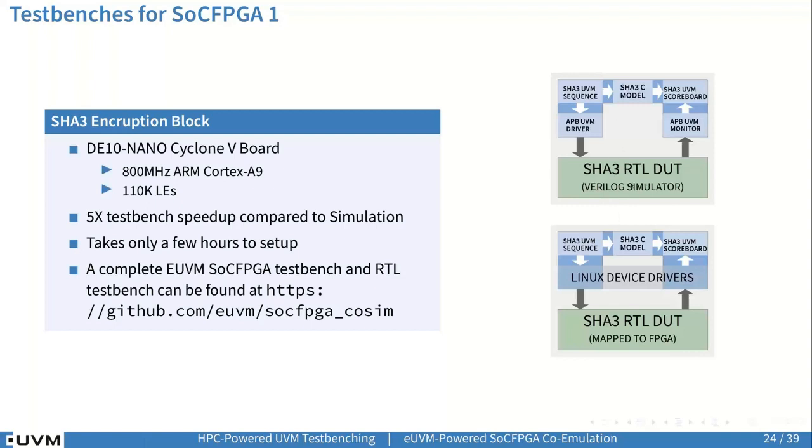So we have a SystemVerilog simulation where this gets simulated, and an embedded UVM testbench is able to verify it. We also have the same example done in SoC FPGA where the design gets mapped to the FPGA, with some changes to the testbench, because now instead of interfacing with RTL, we are interfacing with the FPGA, using Linux drivers, etc. So we are able to verify a design which is mapped onto the FPGA.